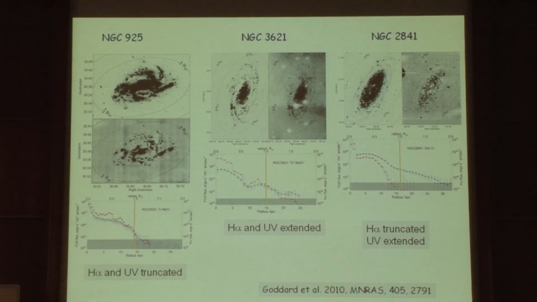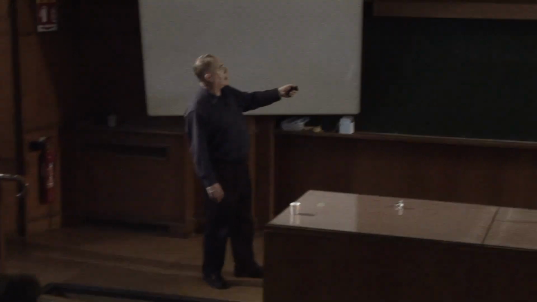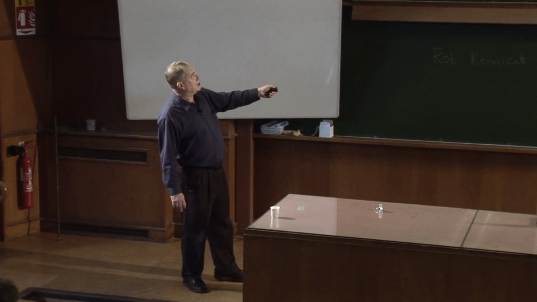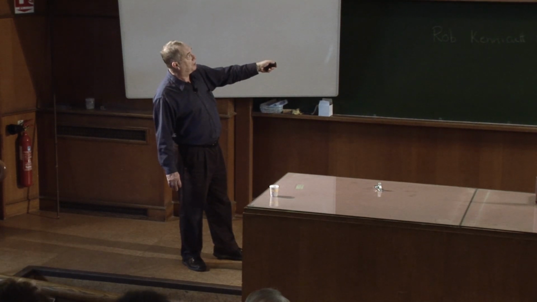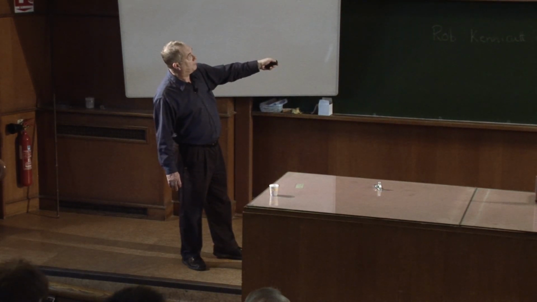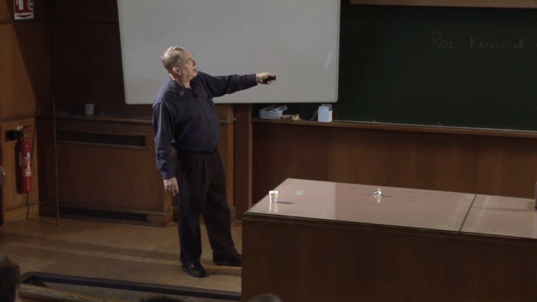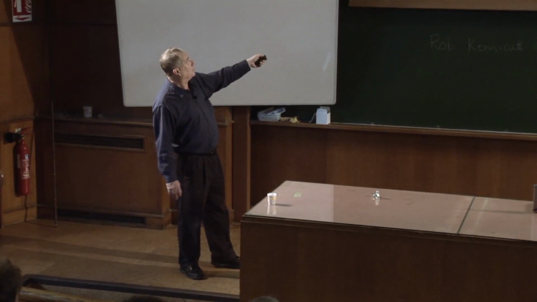Well, the problem with that prediction is that, of course, I've already shown you it doesn't fit the models. There are a handful of galaxies like NGC 2841 where the ultraviolet emission does trace out much further than the H-alpha, but this is the exception rather than the rule.